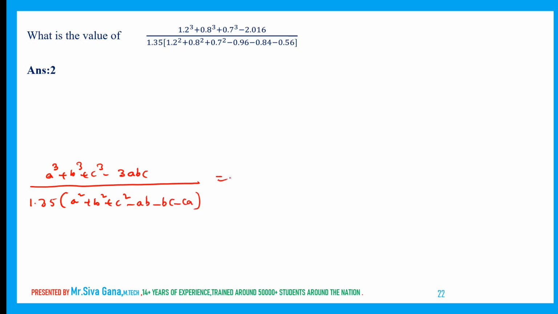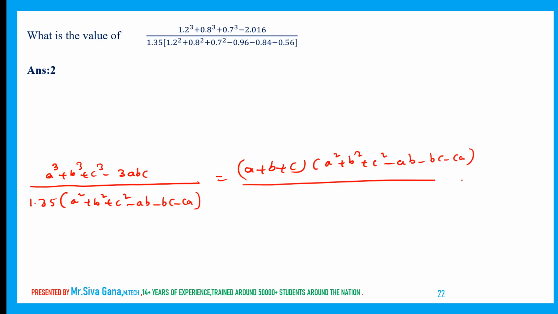So the numerator is simply a plus b plus c into a square plus b square plus c square minus ab minus bc minus ca, whole divided by 1.35 into a square plus b square plus c square minus ab minus bc minus ca.